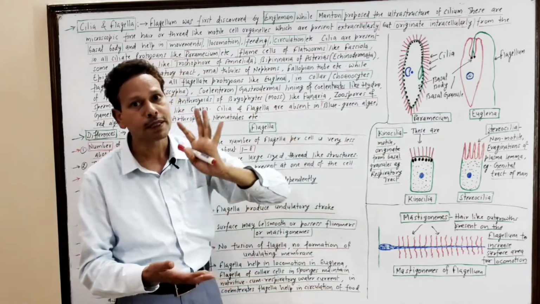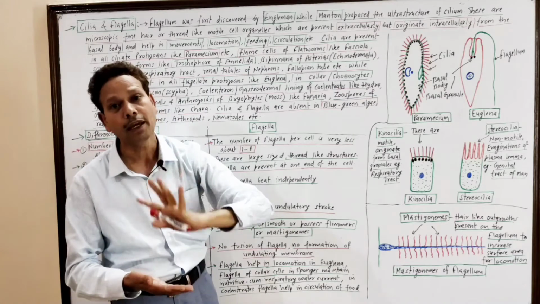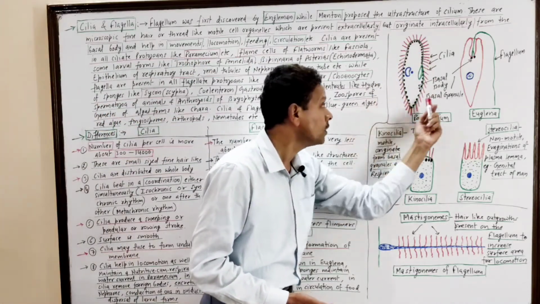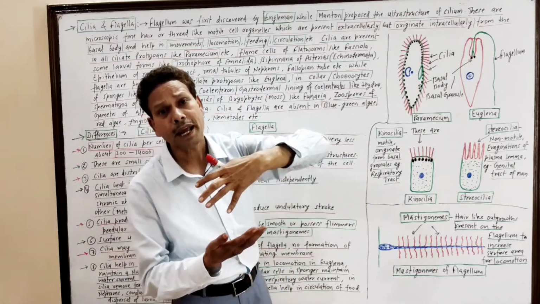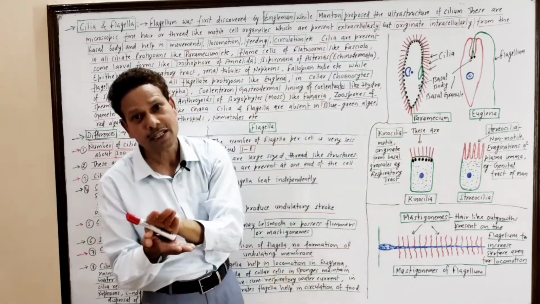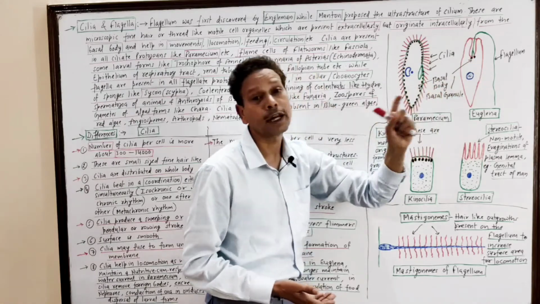Note down, cilia and flagella are microscopic, fine, hair or thread-like structures which are present on the outer surface of a cell. Means these are present extracellularly but originate intracellularly from basal bodies or basal granules.